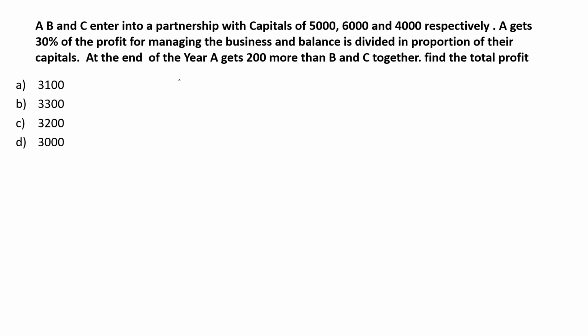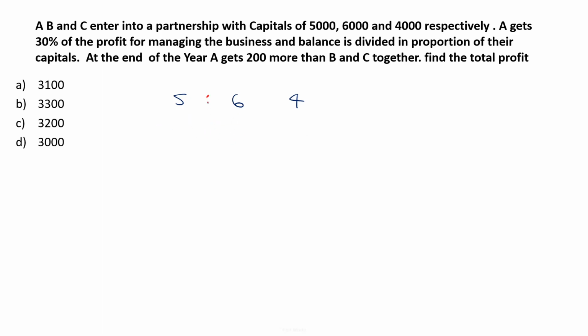The simplified ratio of the investments of A, B and C is nothing but 5:6:4. A would get 30% of the profit for managing the business, and the rest is divided among them according to their investments.